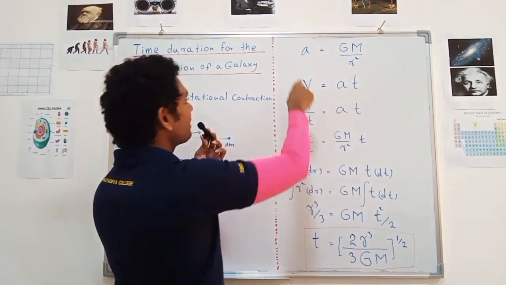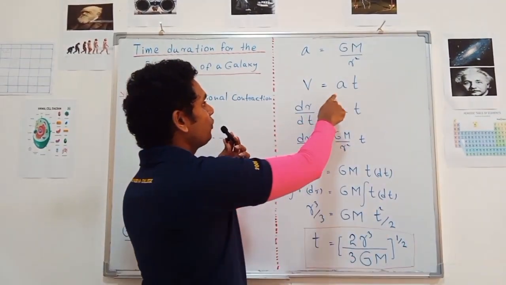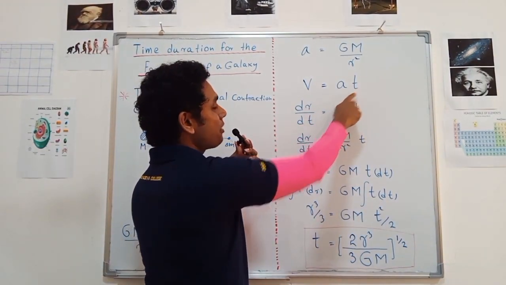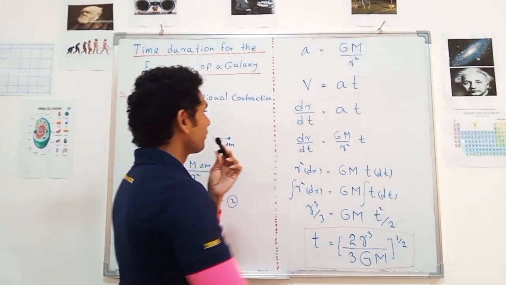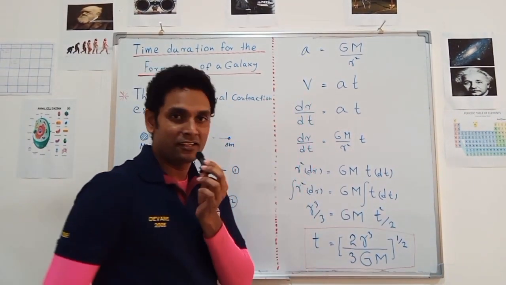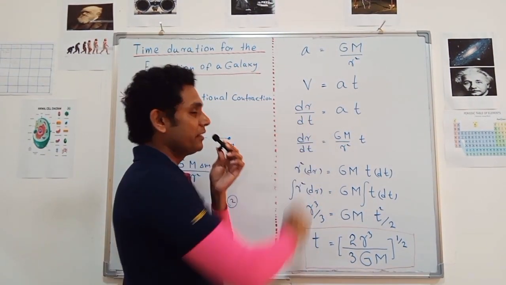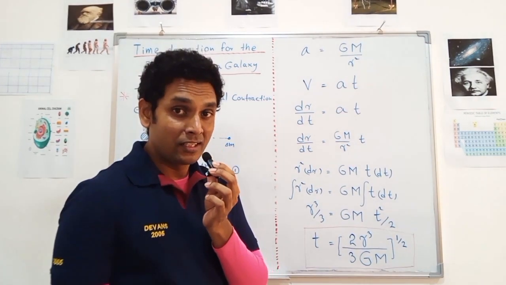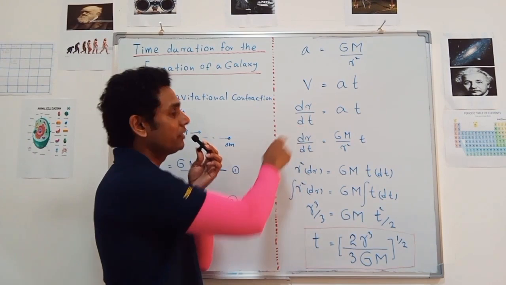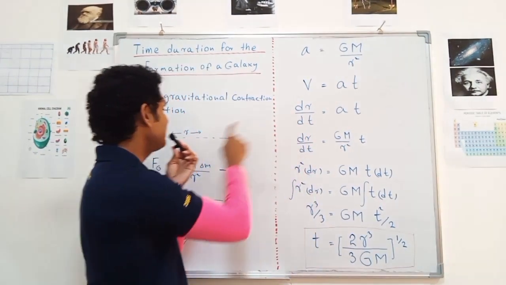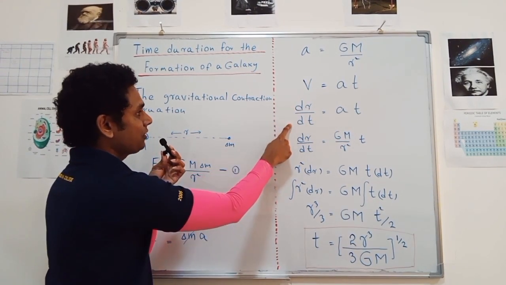Now what is v, the velocity? Velocity is equal to acceleration multiplied by the time, v equals a t. And the speed is also equal to dr divided by dt, which means the rate at which r changes with time, the rate at which the distance changes with time.